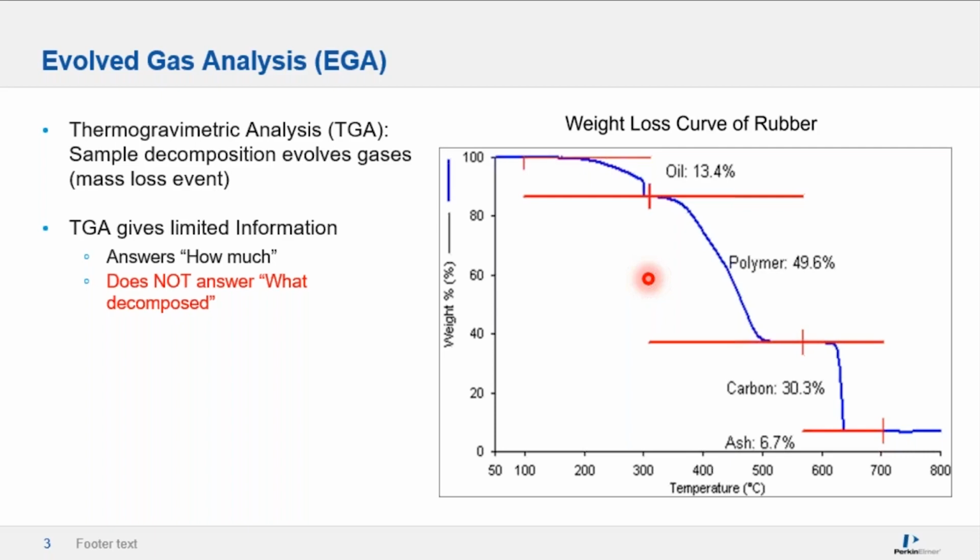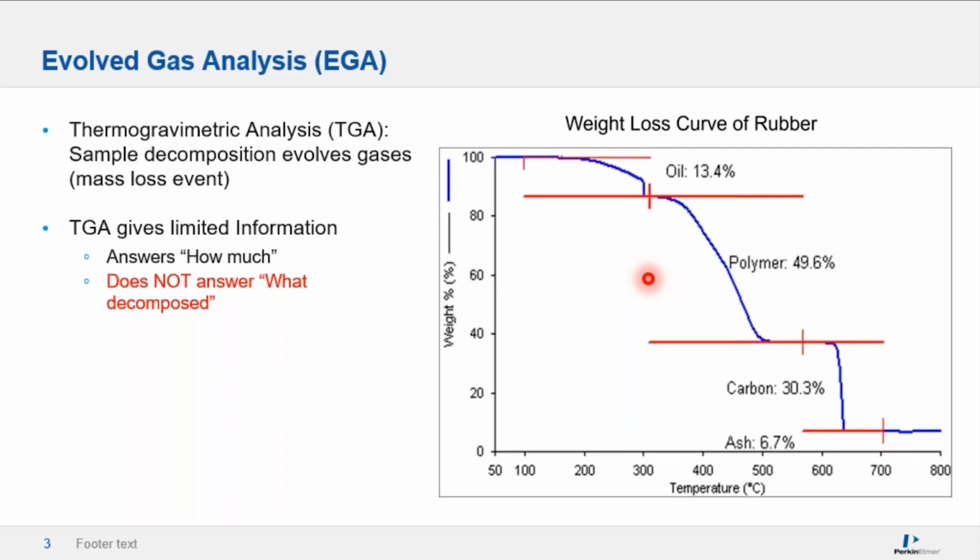We can see temperature on the x-axis and percent weight loss on the y-axis. We have several weight loss events occurring due to degradation of different compounds in the rubber. So we can calculate the percent weight loss to get an idea of how much of these components are in the sample.